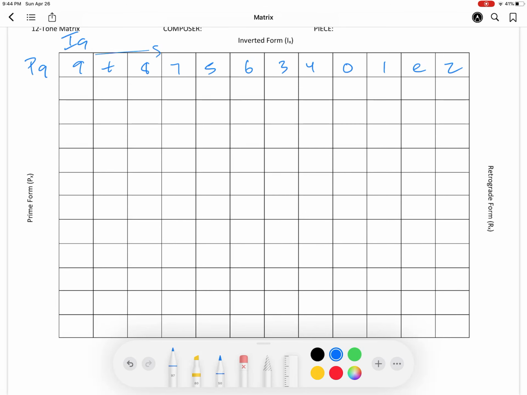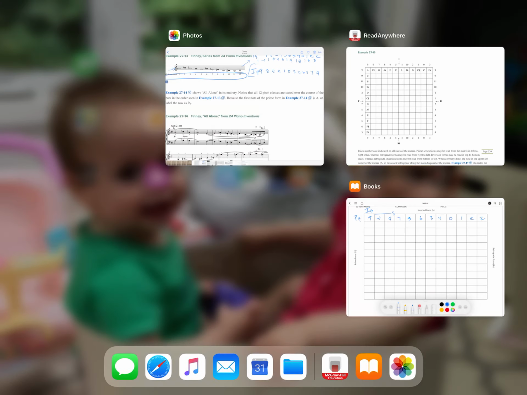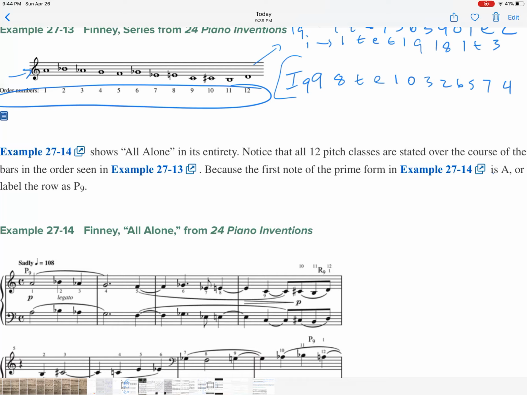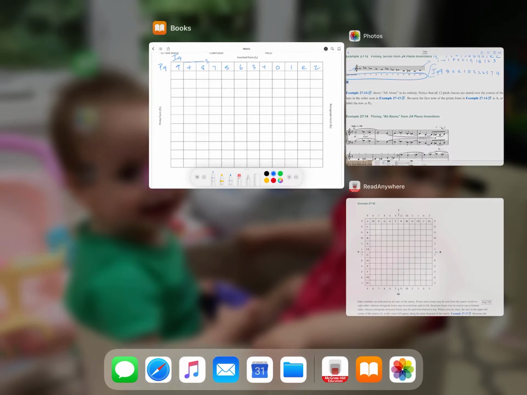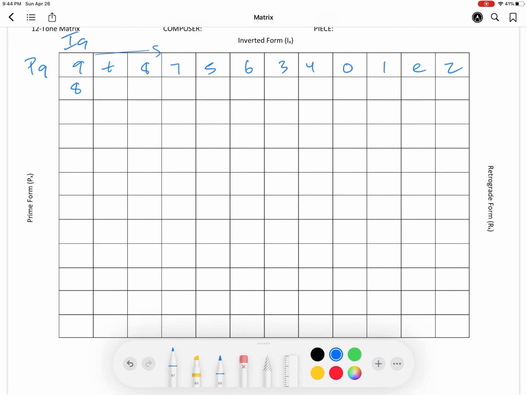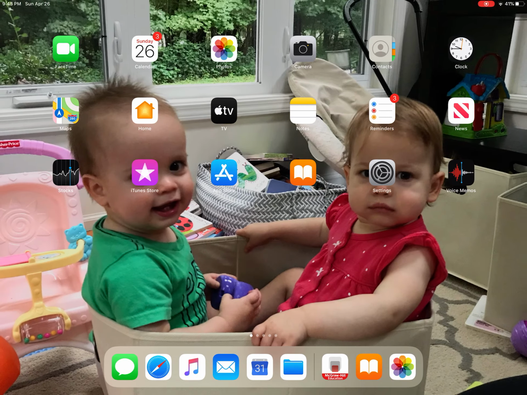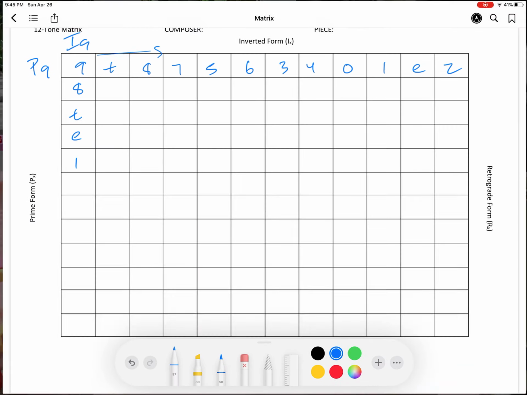And my I row form should be down here, and I have to remember what it is. Here it is again: I9, 8, 10, 11, 1. Sorry about that.